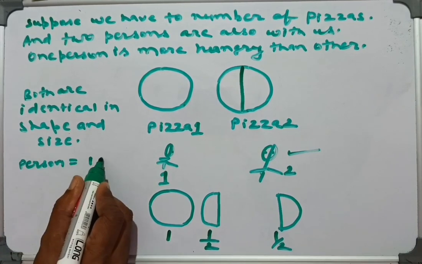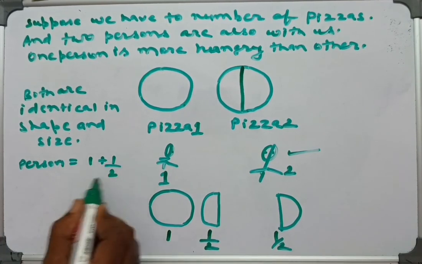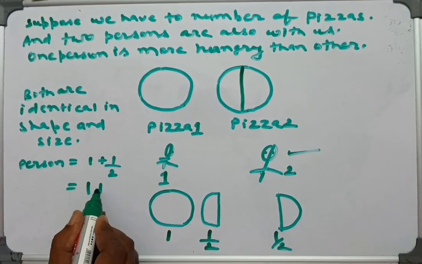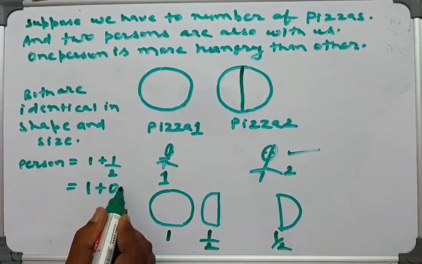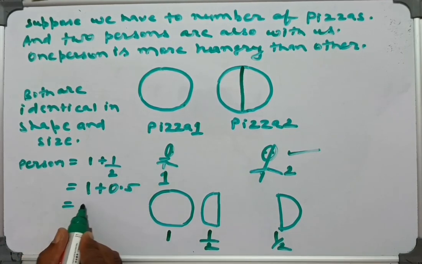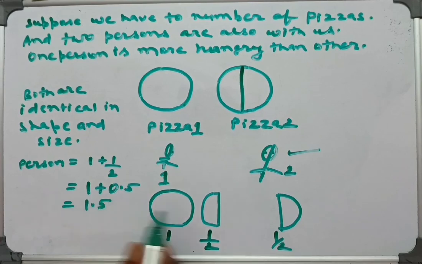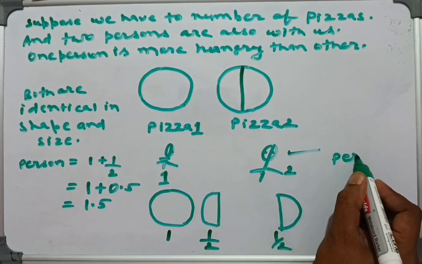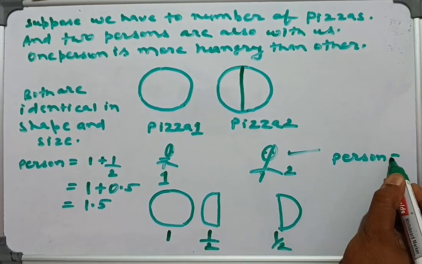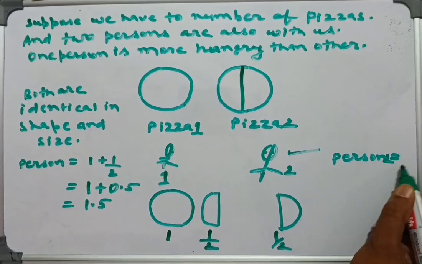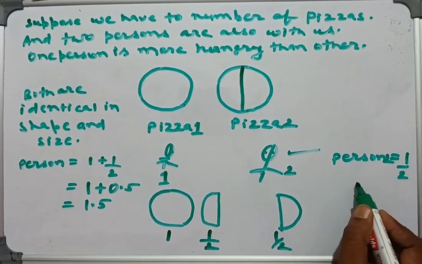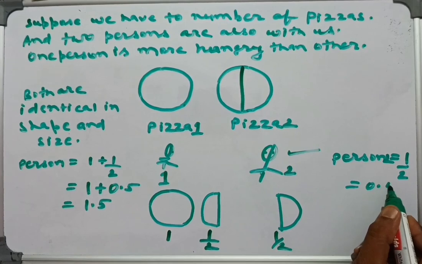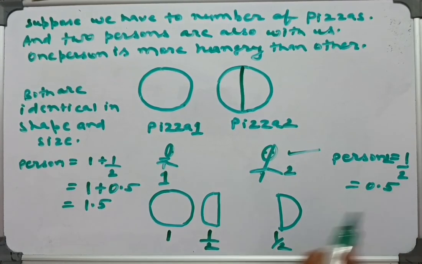Now this person 1 will get 1 plus 1 by 2, or you can say 1 plus 0.5, and this is 1.5. Now person 2 will get 1 by 2, then he will get 0.5.